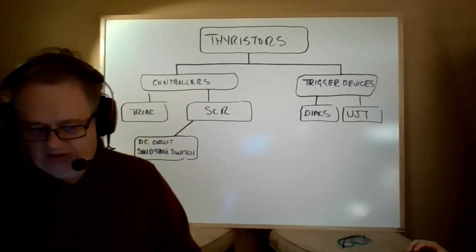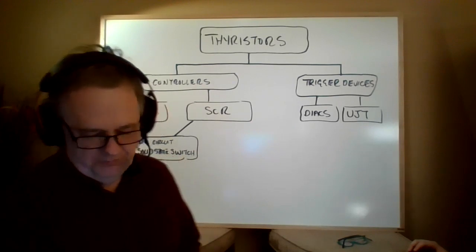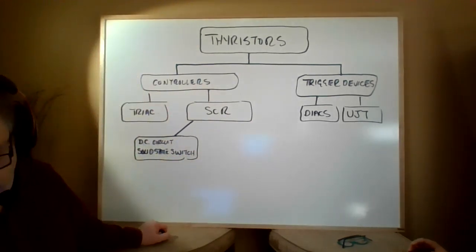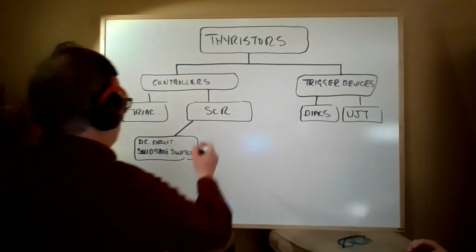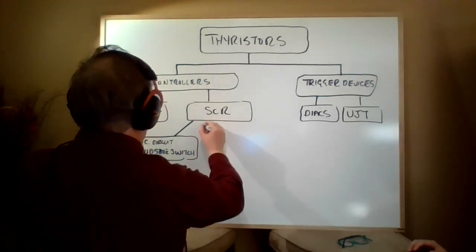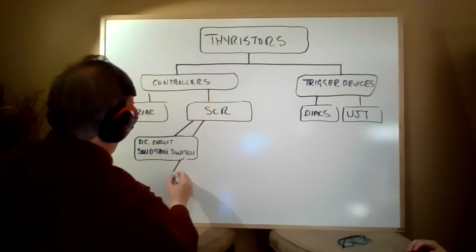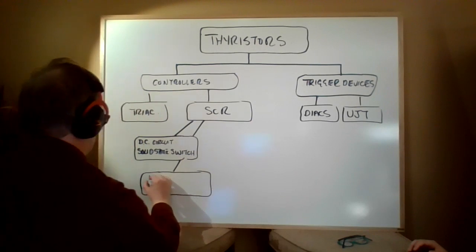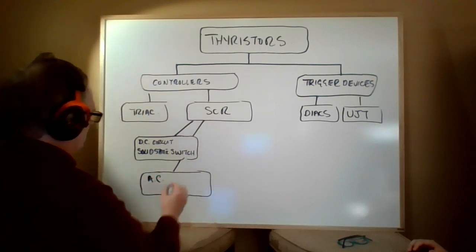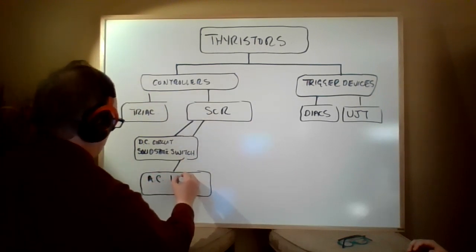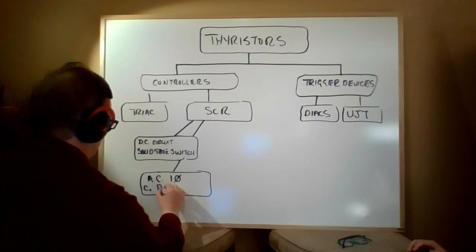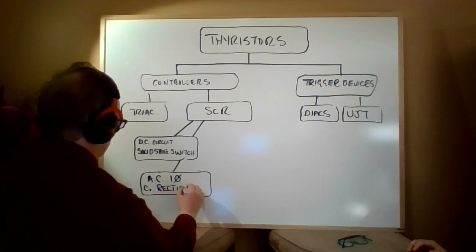And now we can also take the SCR and in a number of different ways, we can use it with an AC supply. So let me show you this first. Over here we see this is going to be AC supply, and we're going to use a single phase controllable, I'm just going to show that with a C, rectifier.